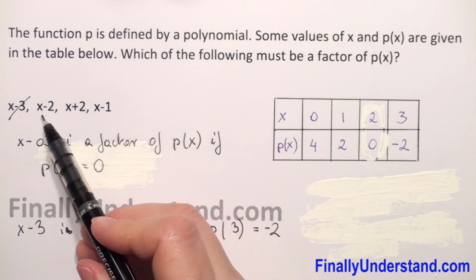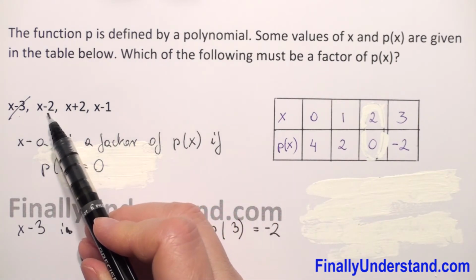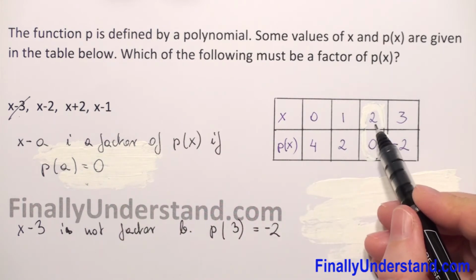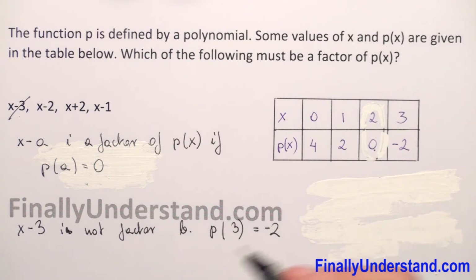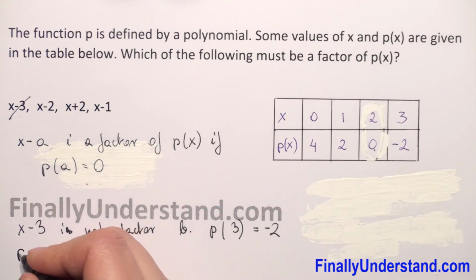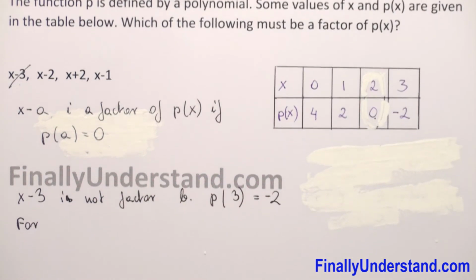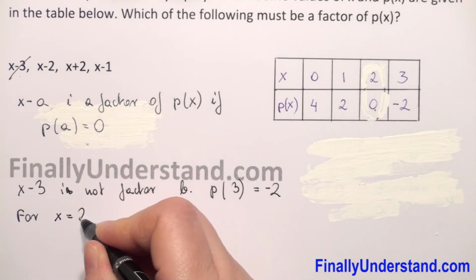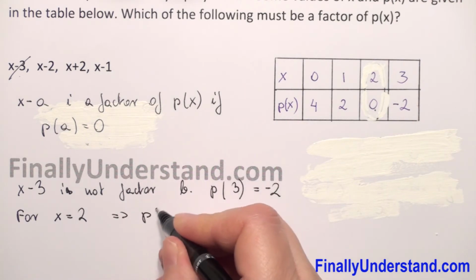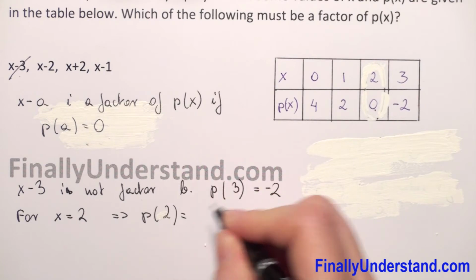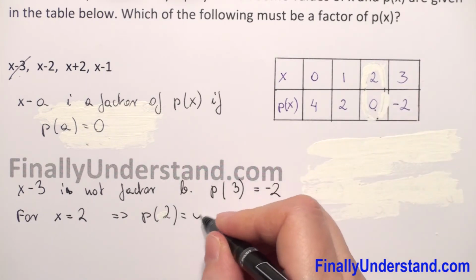What else? Next we have x minus 2. Let's see the value of our polynomial for x equals 2. For x equals 2, we have that our polynomial has value 0. So for x equals 2, we have that p of 2 is equal 0.